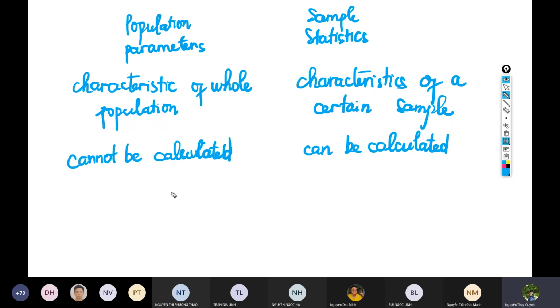Okay, is a population parameter a constant or a variable? The population parameter is not a constant, we can only estimate it. Actually, we do not know the exact value of the population parameter.